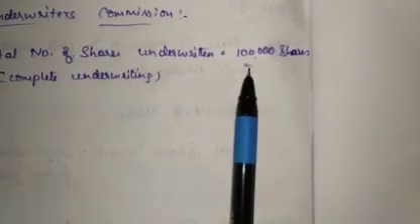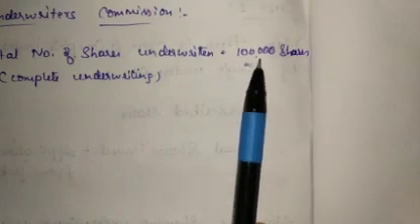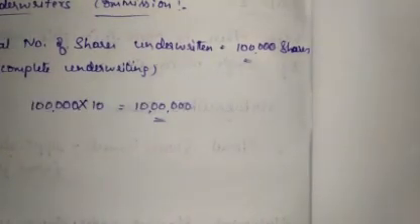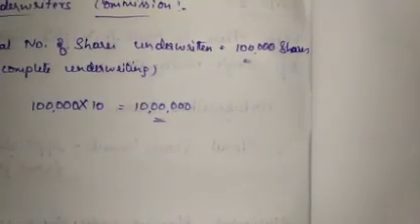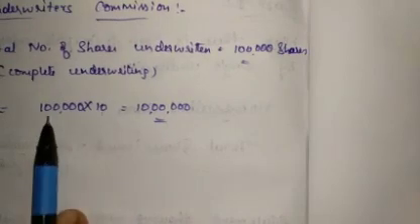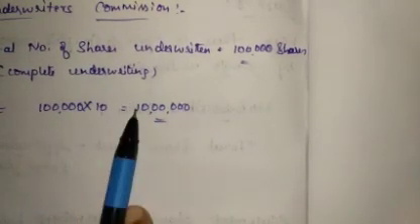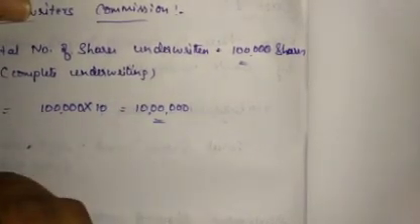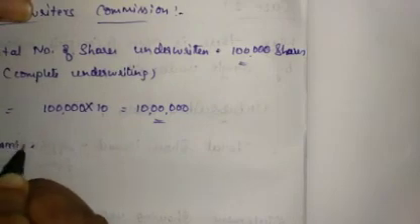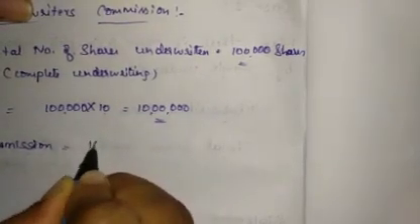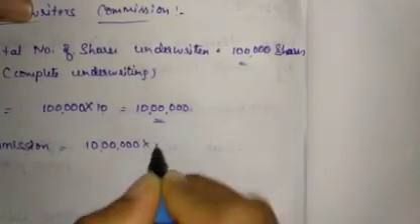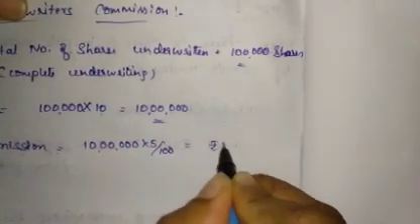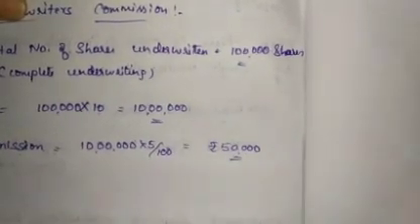That is 1 lakh shares. So we multiply 1 lakh shares by its face value. Here the face value is the issue price, which is 10 rupees per share. Total shares 1 lakh, so total capital is 10 lakh. On this 5% commission is payable. So underwriting commission is 10 lakh into 5%, that is rupees 50,000. So we are done with the first example.